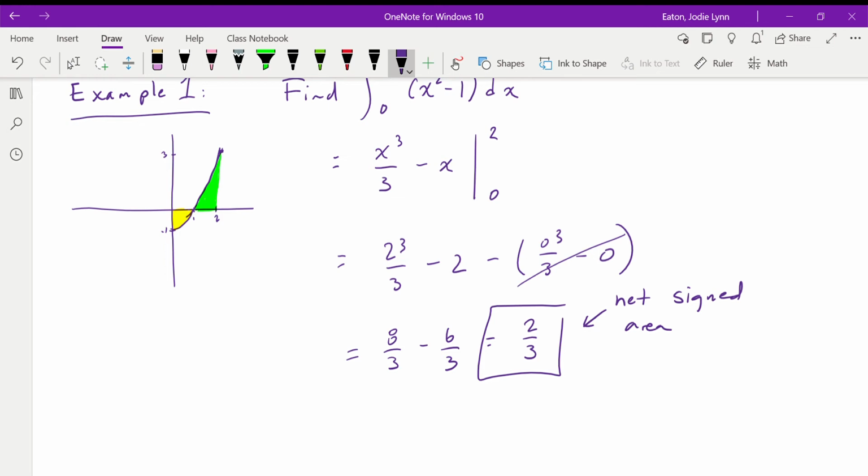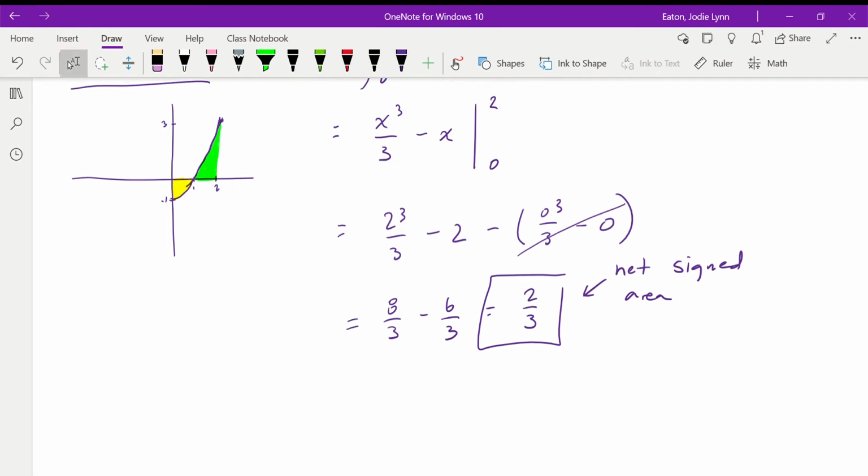So let's say instead of just finding the integral, I asked a different question. Let's say I have the same graph. Okay, this is 2. So this is f of x equals x squared minus 1.